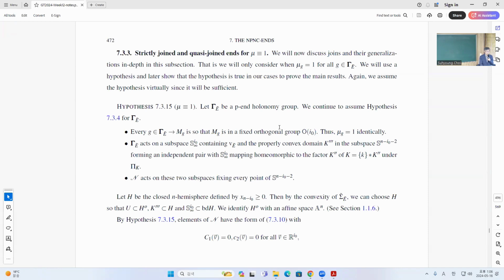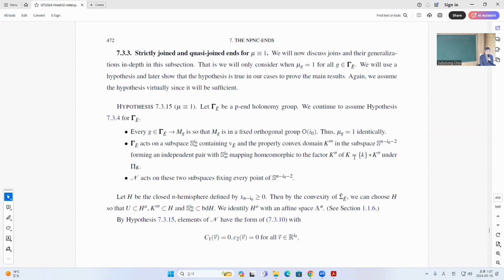So we assume the old hypothesis, and now we just assume that this mg is actually in the fixed orthogonal group and the mu g is one, and then it acts on some convex domain in the subspace, actually inside the Sn, as well as acting on Si0 infinity.